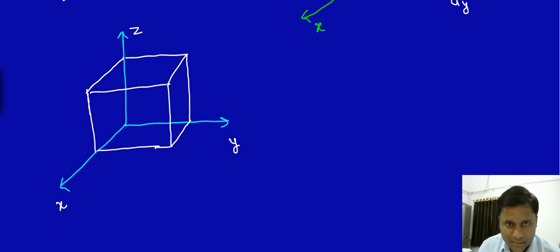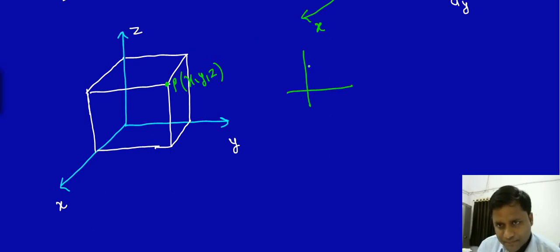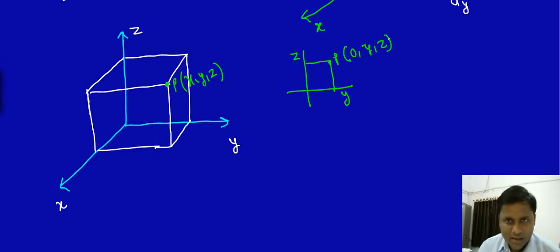This is the point P, which has an x coordinate, y coordinate, and z coordinate, so it should be x, y, z. If I take only the z and y plane, then the point P would be 0, y, z.